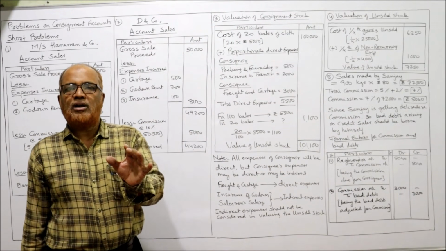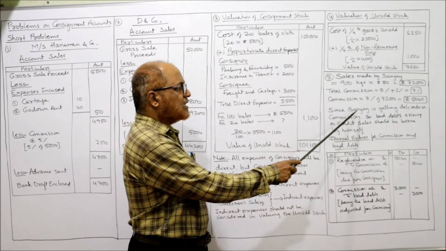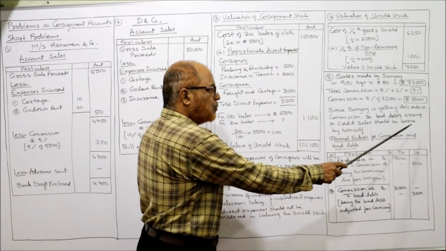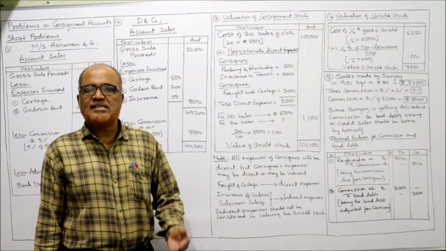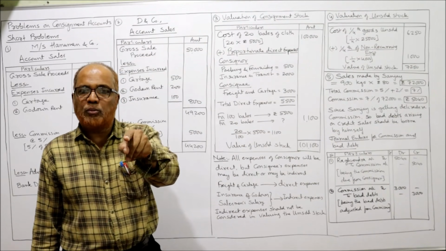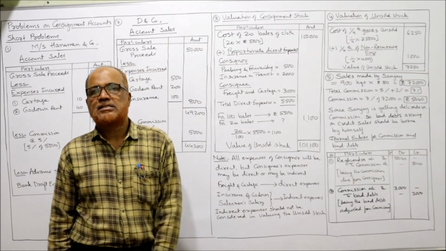The total commission due to the consignee is 5,040. Since Sanjay is getting del credere commission, the bad debt arising on credit sale, 3,000 rupees, should be borne by himself. Now journal entries for commission and bad debts.